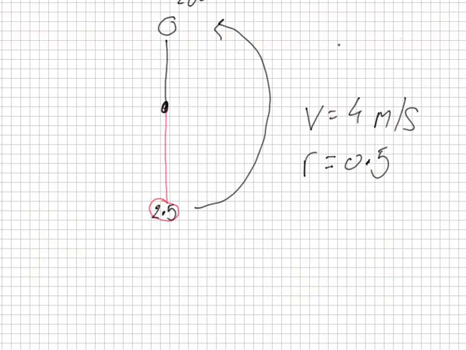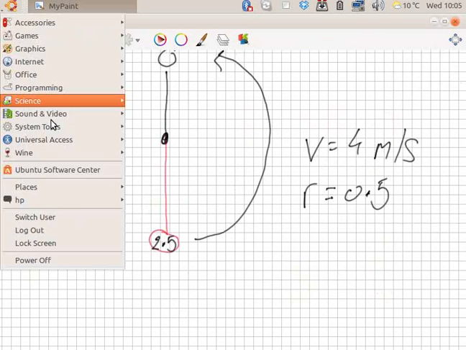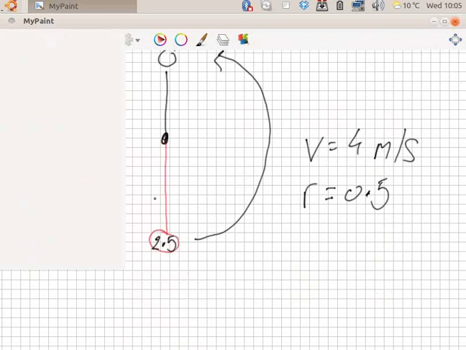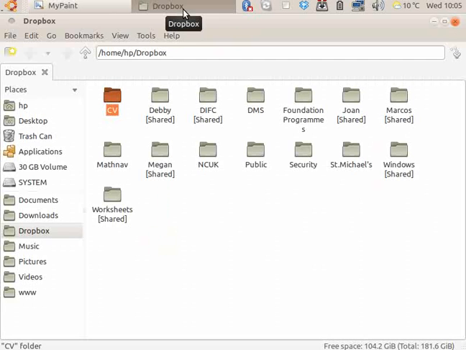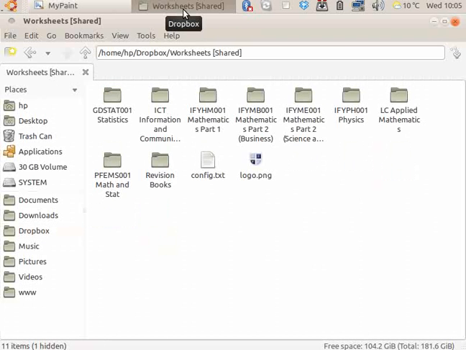I'll open up the formula book too, to show you where these formulas are.